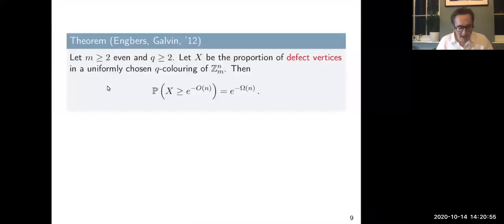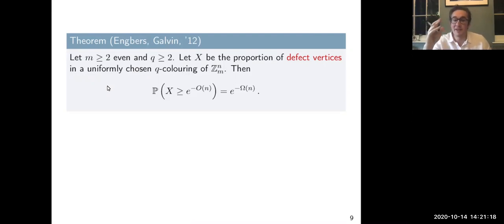Okay, great. And a theorem of Engbers and Galvin already goes some way to understanding this question. So what they show is that if I let m be even and q be some number of colors, and I let x be the proportion of defect vertices in a uniform coloring of my torus.